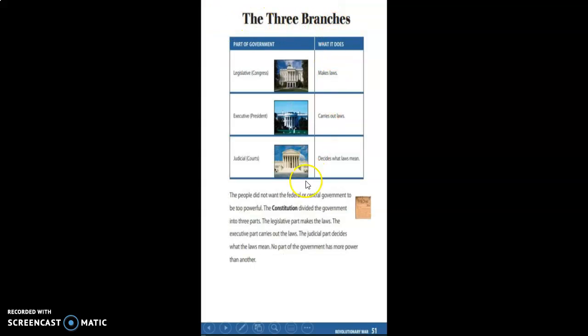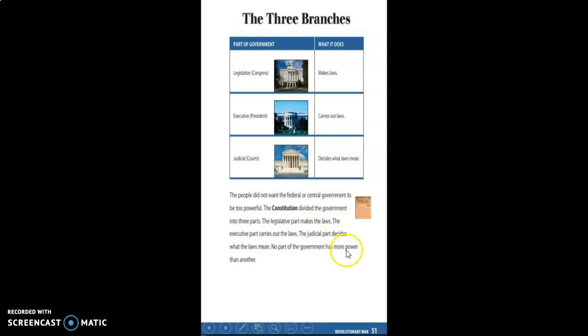Now, the three branches. The people did not want the federal and central government to be too powerful. The Constitution divided the government into three parts: the legislative, which makes the laws; the executive, which carries out the laws; and the judicial, which decides what the law means.